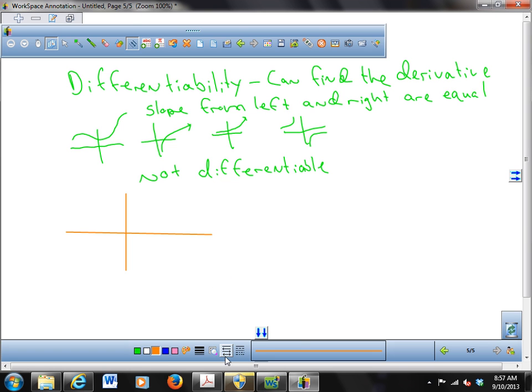For instance, this thing that looks like this, we'll do it in purple. Is that function differentiable?